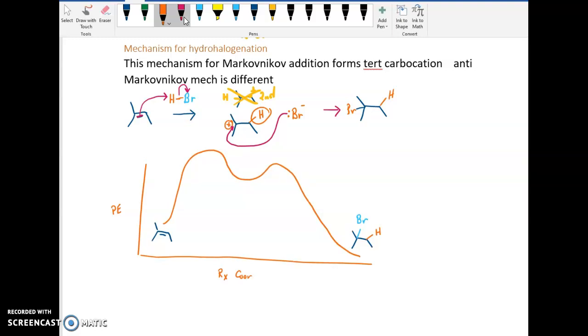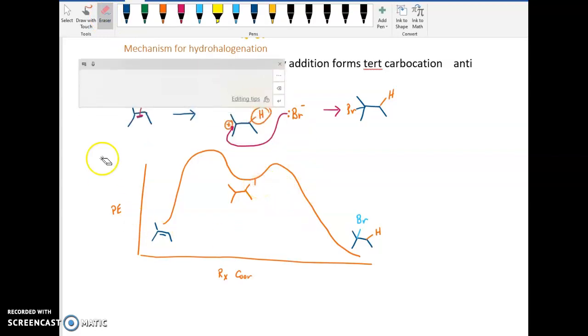So our intermediate here is going to be a carbocation. I'm sorry, I put a B there and it should be an H. With a positive charge here.